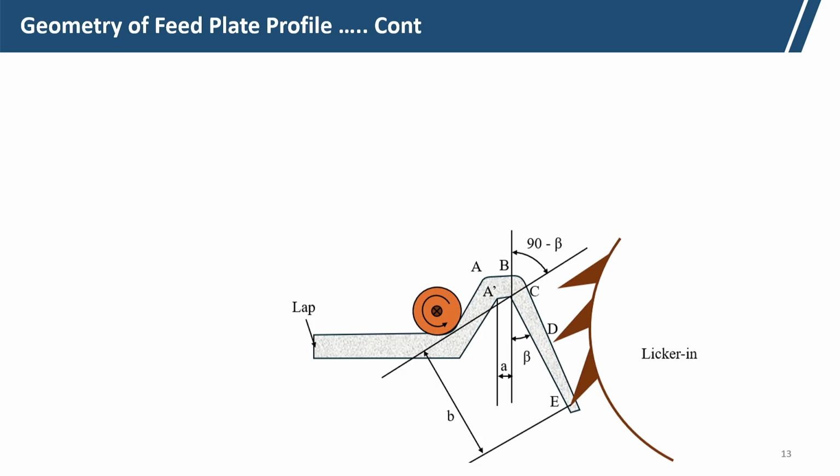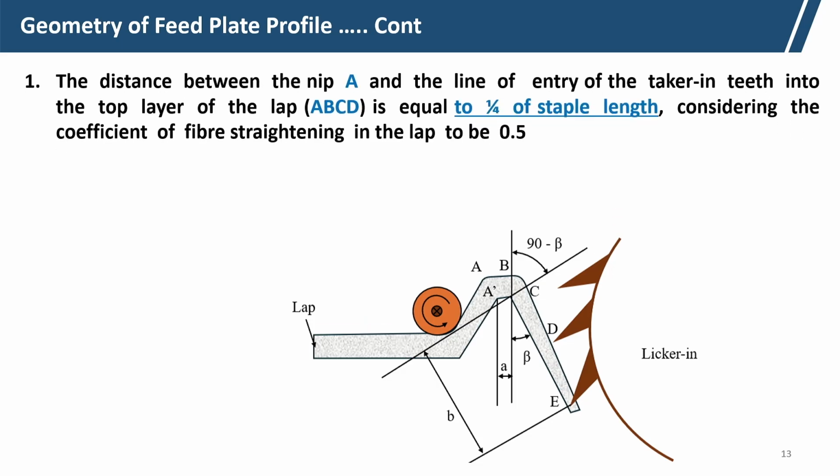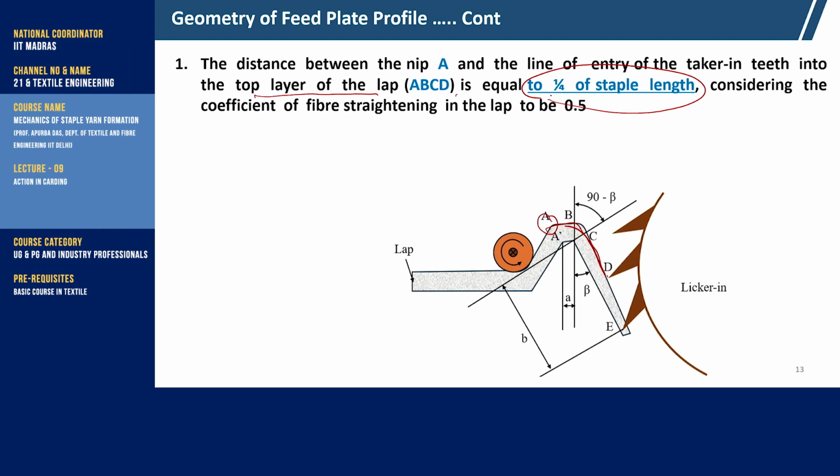Now, the same diagram is shown here. Try to see the distance between the top nip A and the entry point of the Licarin teeth into the top layer. As I mentioned, this distance A, B, C, D, the entry point, is equal to 1/4 of the staple length, that we try to keep.